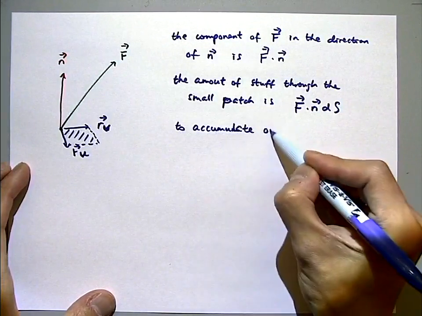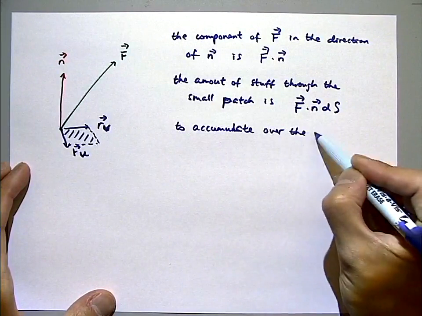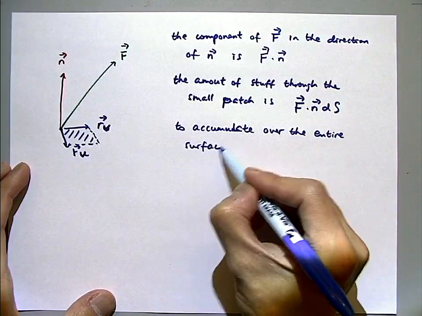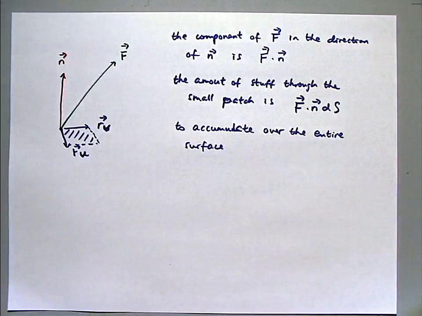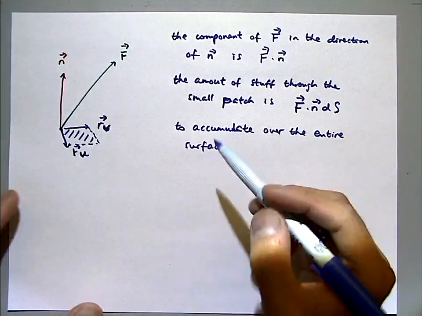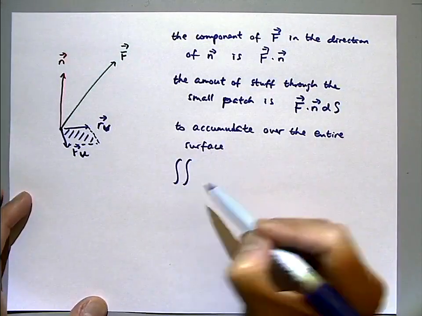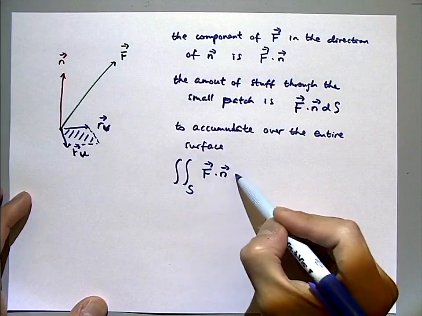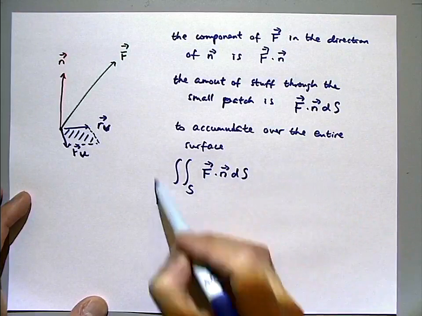To accumulate over the entire surface, we just do an integral over the surface. Right? So that's what we do.